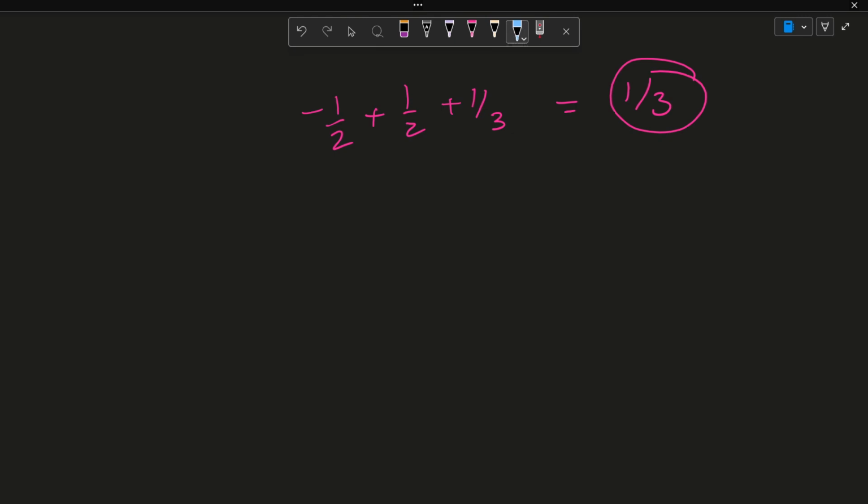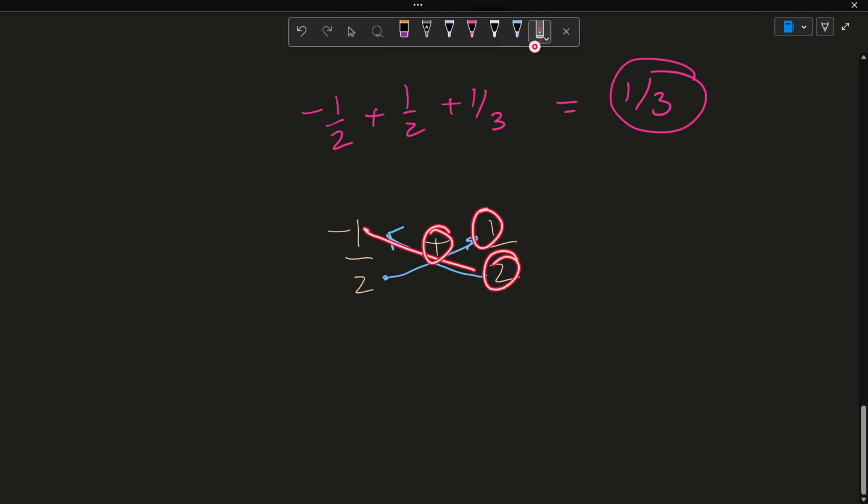Let's say we have these two fractions. How do we add them? Let's say minus 1 by 2 plus 1 by 2. What you can do is multiply this with this, and then this times this plus this times this will give you the new numerator.